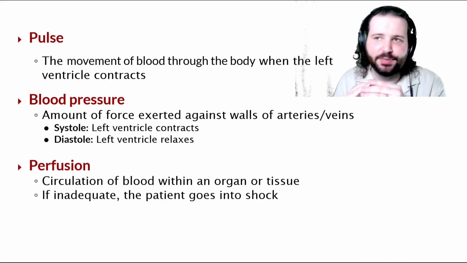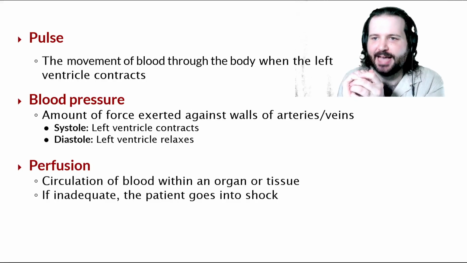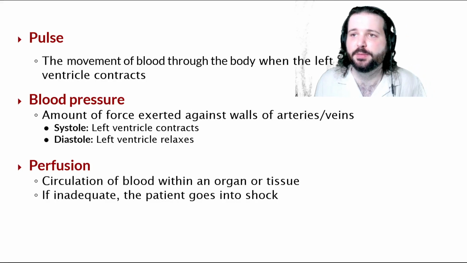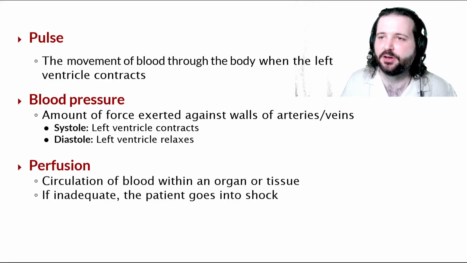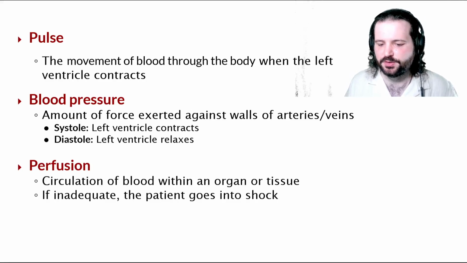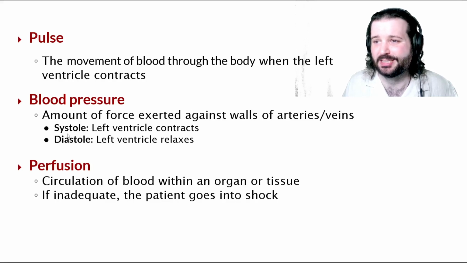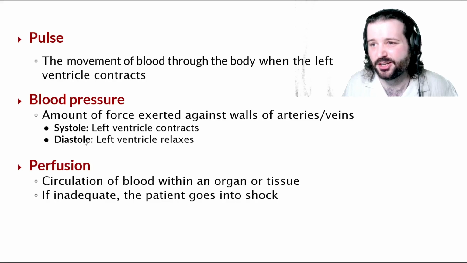It should not be high when it's trying to relax, right? This is why people with high blood pressure end up having heart conditions or developing strokes and things like that, because if your heart is working really hard to relax, that's not good. It should be working hard to pump blood out, but it should not be working hard to bring blood in.